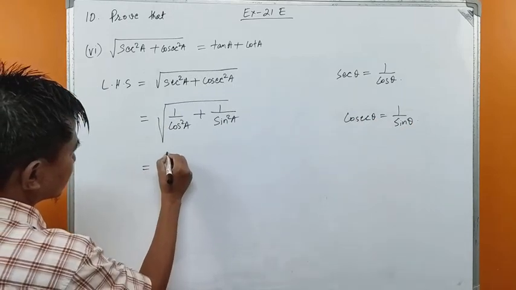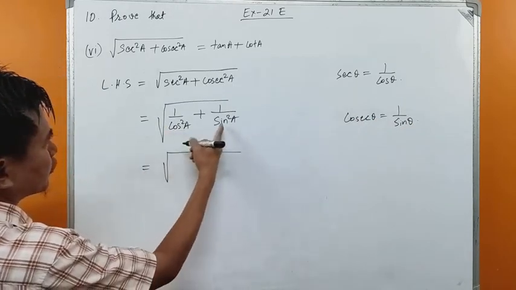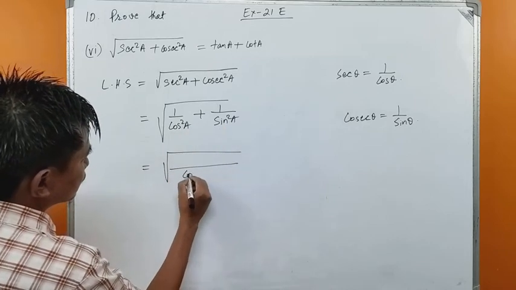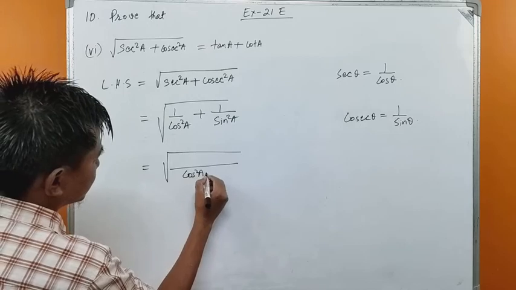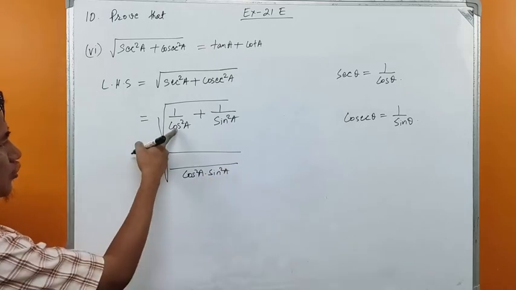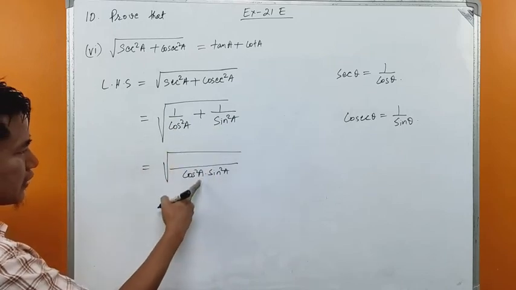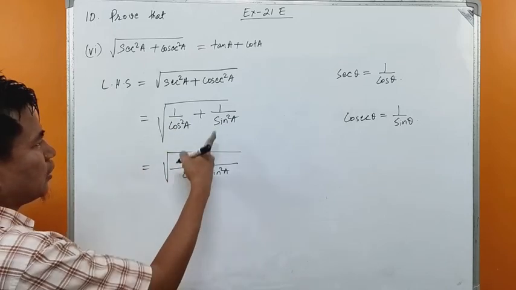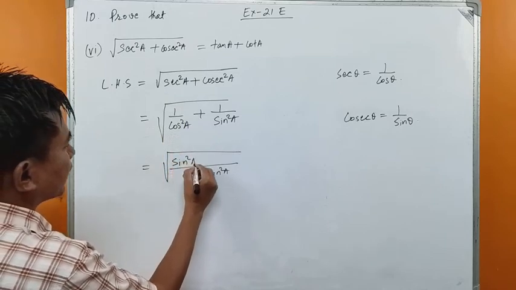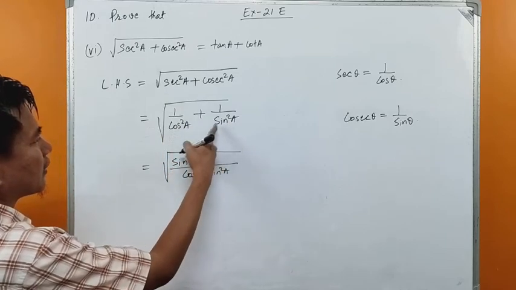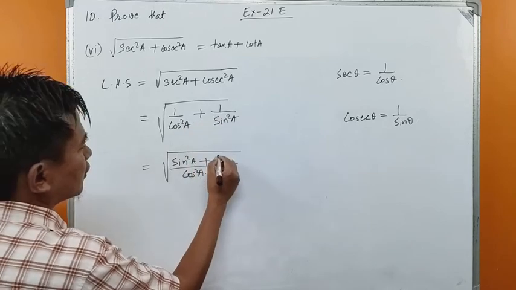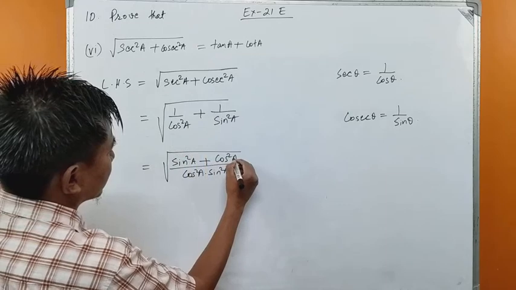So this gives us, let's take the LCM of the denominator, cos square A into sin square A. Sin square A into 1 gives sin square A, plus cos square A into 1 gives cos square A, isn't it?